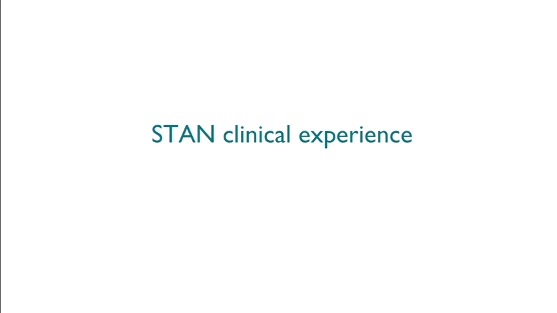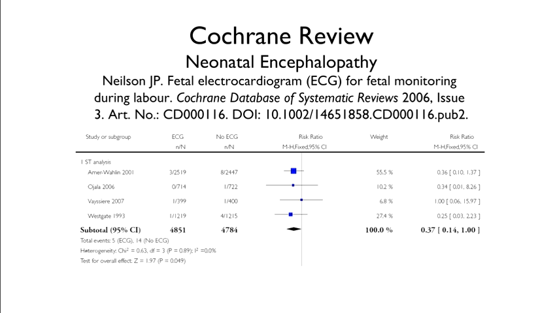Okay, so now that we talked a little bit about the management, about the background, what is the evidence relating to STAN and ST segment analysis? As I said, there are 5 randomized trials currently, but there was a Cochrane review before the 5th trial came out. So the Cochrane review includes 4 of the randomized trials, and most of you are probably familiar with the Cochrane review.